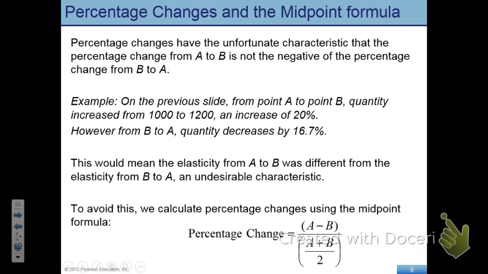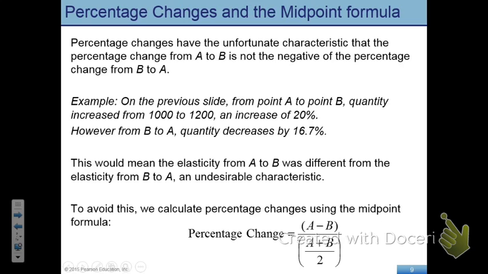Here, in the midpoint formula, you add up both the old value and the new value and take the average of that. So the midpoint formula creates an average between the two ways we have calculated the price elasticity of demand, but this is a more accurate one.